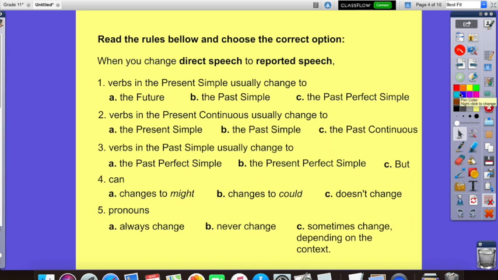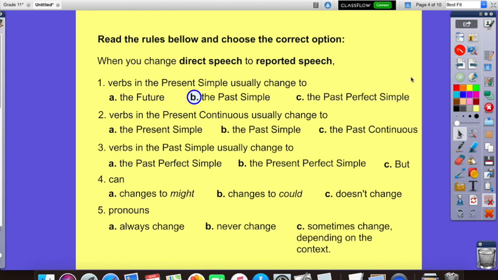Now read the following rules and choose the correct option, A, B, or C. Try doing it without checking your notebook. When you change direct speech to reported speech, verbs in the present simple usually change to. The correct answer is B, the past simple.